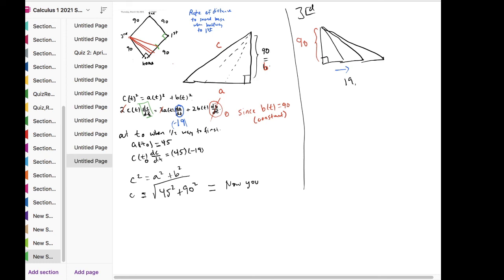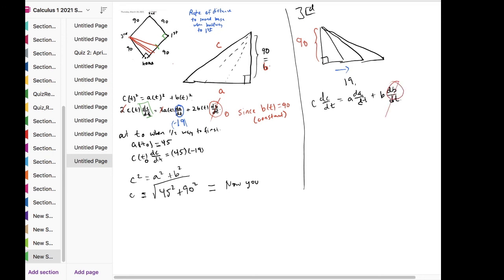Same deal. I'm just going to skip right to the derivative because it's the same Pythagorean theorem. c dc/dt equals a dA/dt plus b dB/dt. This is 0 because it's constant.